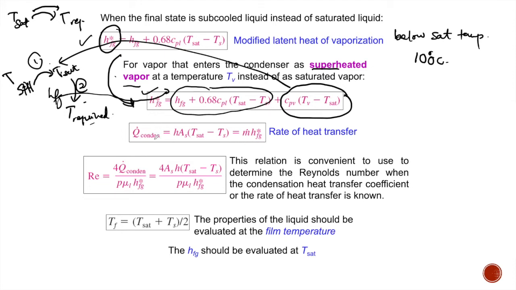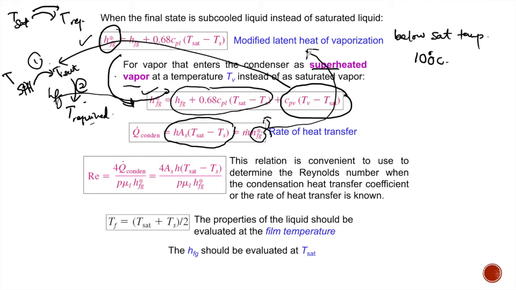So the rate of heat transfer in this condensation will use these kinds of equations. Since the condensation is a convection process, we can see here the equation is the same as the convection process, where we have to find what is h, as h A (Tsat - Ts), equivalent to m* h*fg. So this h*fg is based on these two conditions.